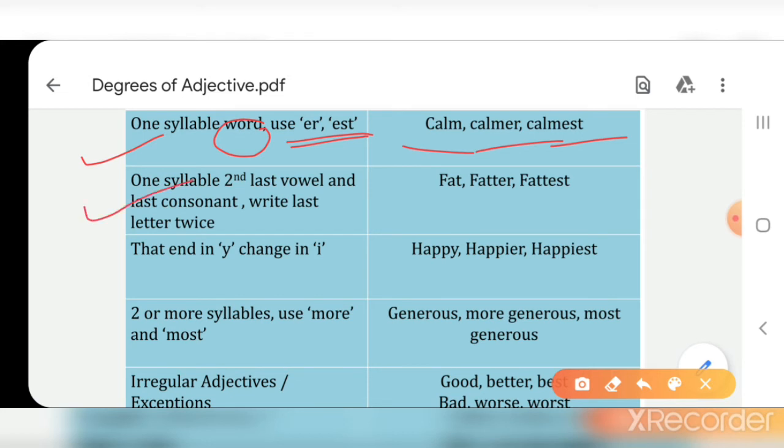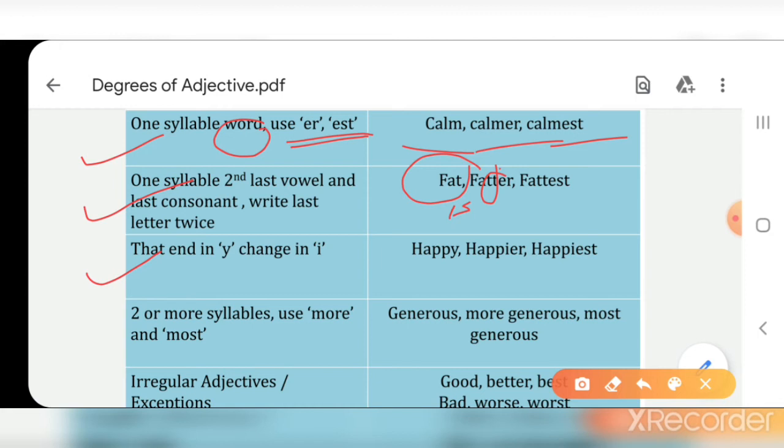Rule number 2, when there is a one syllable word and the last letter is a consonant, and the second last letter is a vowel, then we use the last letter twice. Fat, fatter, fattest. Hot, hotter, hottest.